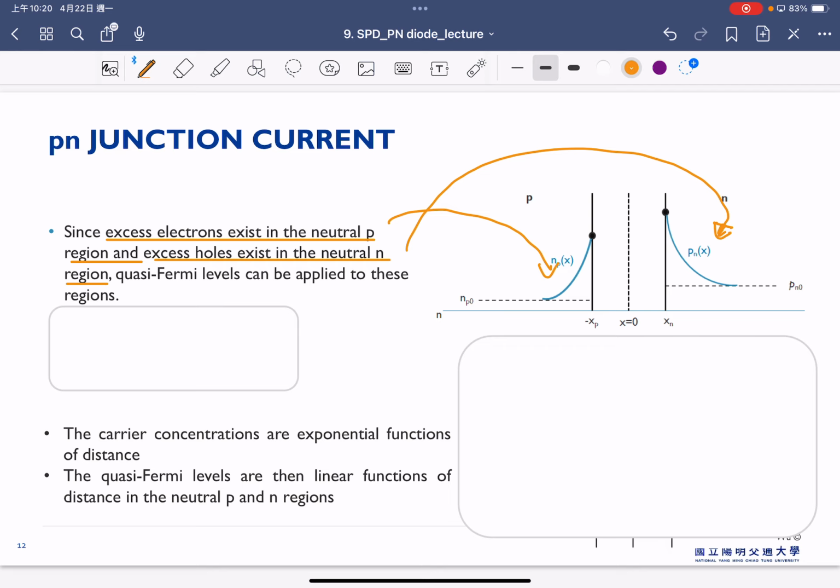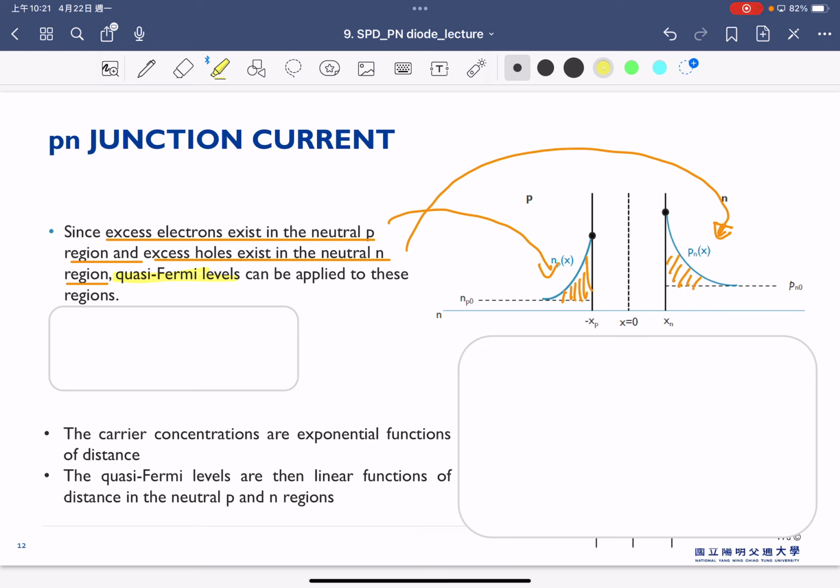So these are the excess carriers in the N and P region, and therefore we cannot consider only the simple Fermi level, we have to consider the quasi-Fermi level. If you go back to the lecture when we talked about the excess carrier, we also had the conclusion that in the case with excess carrier, we have to use the quasi-Fermi energy.